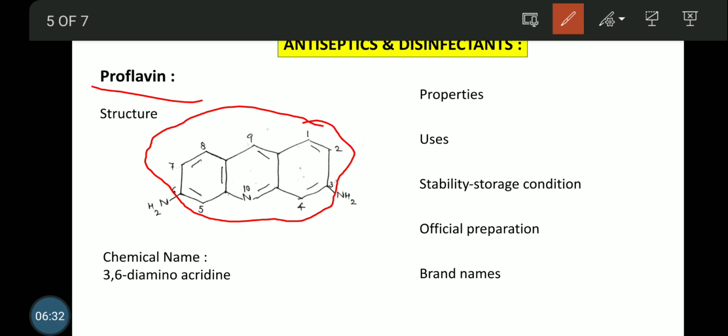Three 6-membered rings are fused with each other and a single nitrogen heteroatom is present, that is the basic heterocyclic ring of acridine. Now as per the rule, give the numbering and you will see that at the 3rd position and the 6th position there is an amino group.